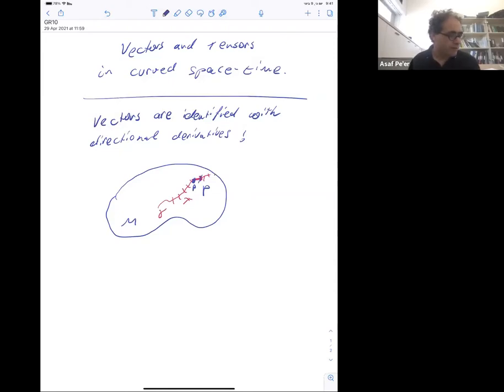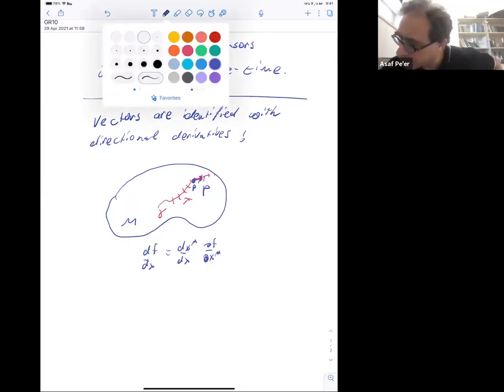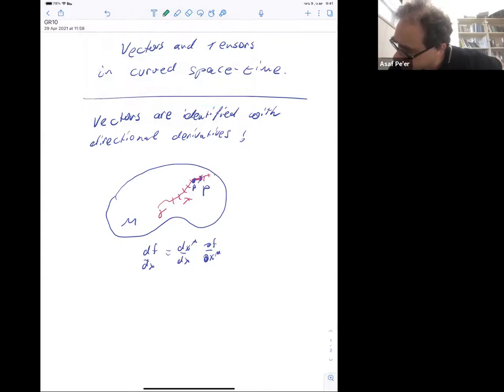And we found out that df over d lambda is just dx mu over d lambda times df over dx mu, where x mu were the coordinates we put in the vicinity of P, just to keep our life simple.